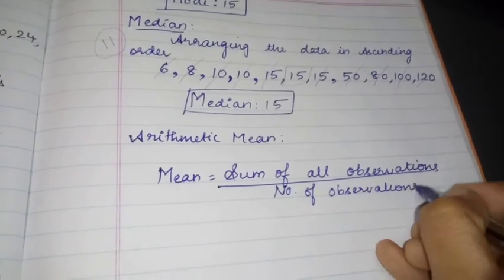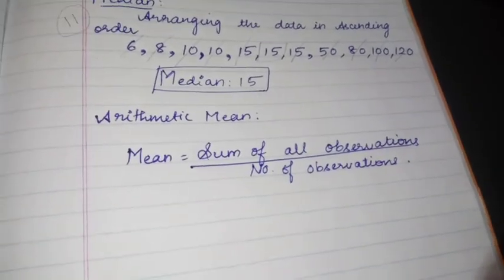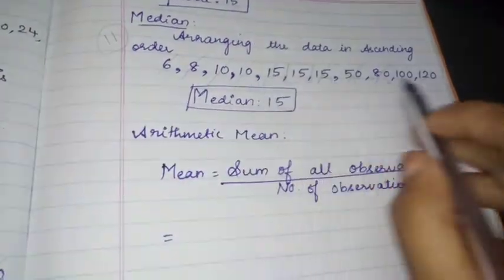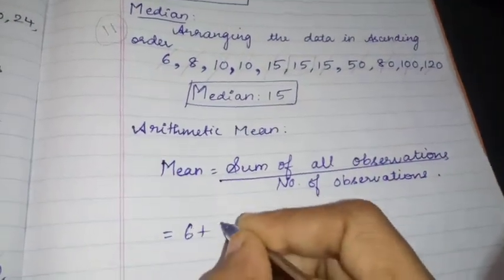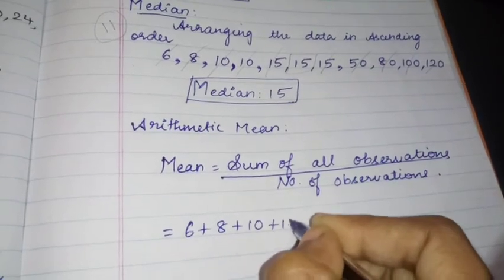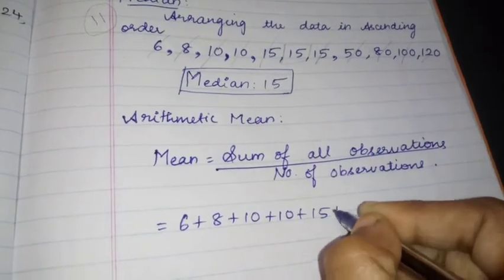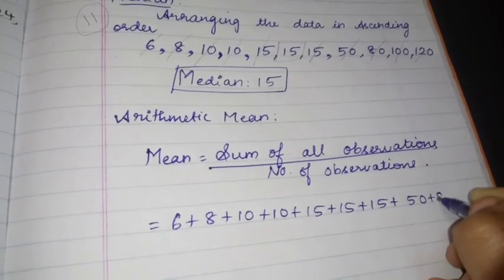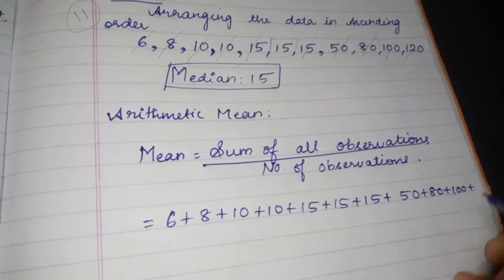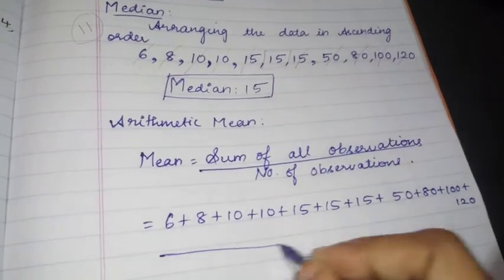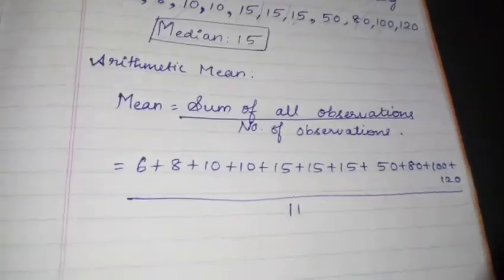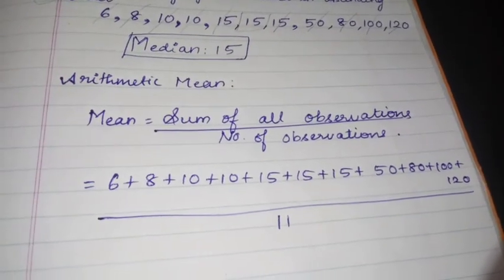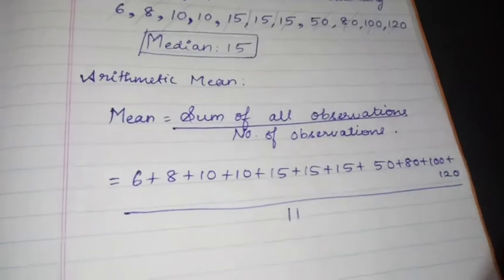So shall I add all the observations now? 6 plus 8 plus 10 plus 10 plus 15 plus 15 plus 15 plus 50 plus 80 plus 100 plus 120, divided by 11, because our number of observations is 11.